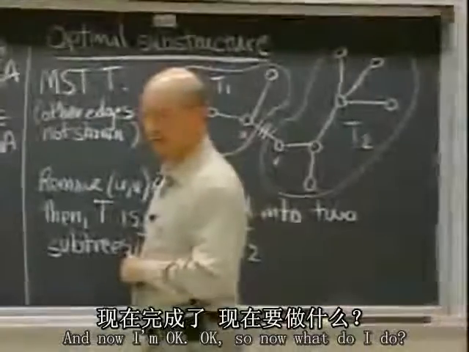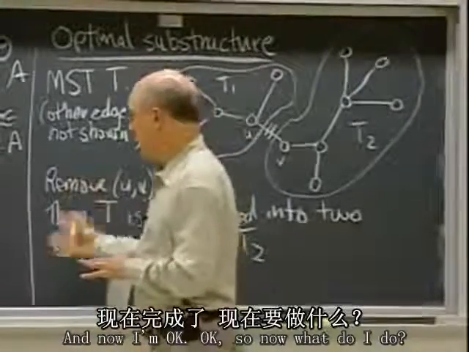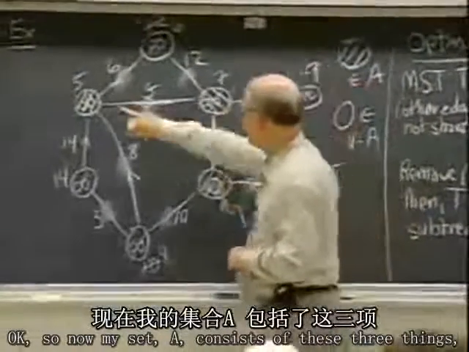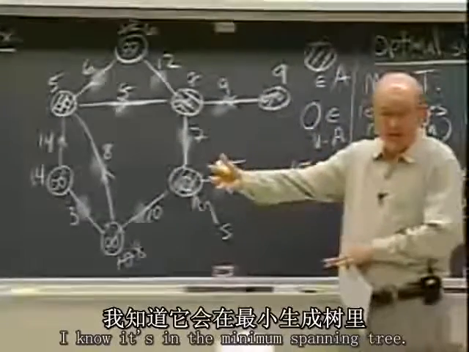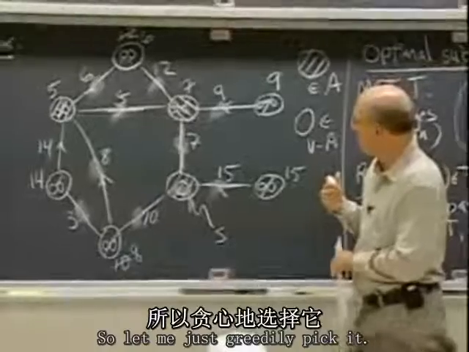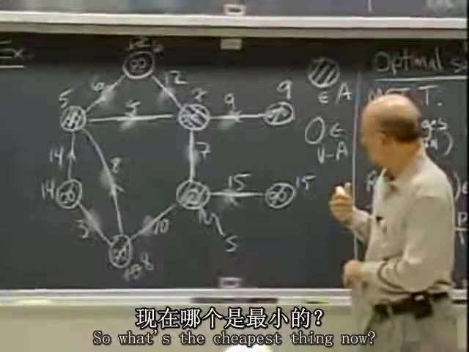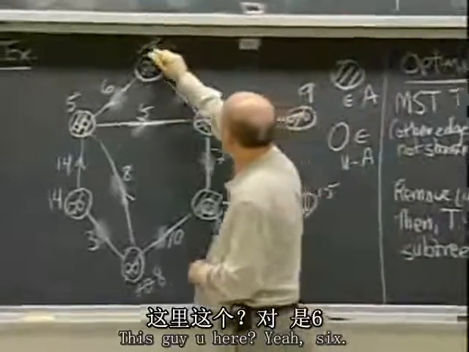And now I'm okay. So now my set A consists of these 3 things. And now I want the cheapest edge. I know it's in the minimum spanning tree, so let me just greedily pick it. So what's the cheapest thing now? This guy up here? Yeah, 6.